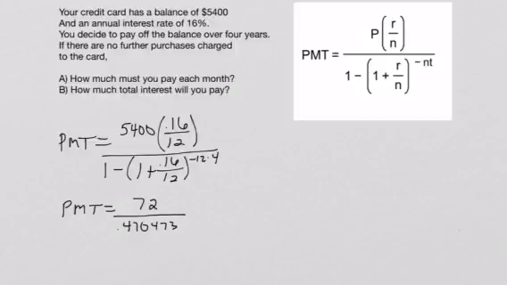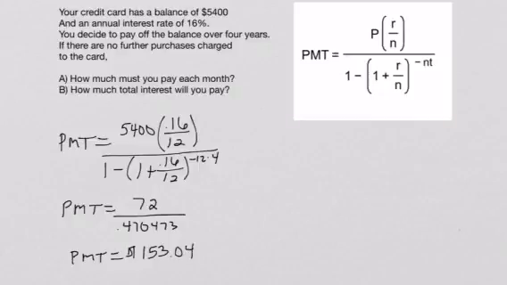I did a little rounding there, not too much. And now, when we divide those two numbers together, we find our regular monthly payment to be, remember you're talking about money, so you want to round to the nearest cent, $153.04.